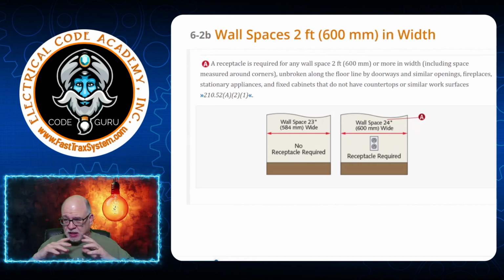Okay, so I could have a fixed cabinet that's built into the wall. That's going to break my measurement horizontally along the floor line. Same as the opening in the fireplace would break it. Or an opening in a doorway, that's going to break it and start my measurement over again. Okay, so not required to have a receptacle in any space that is what? Less than 2 feet.